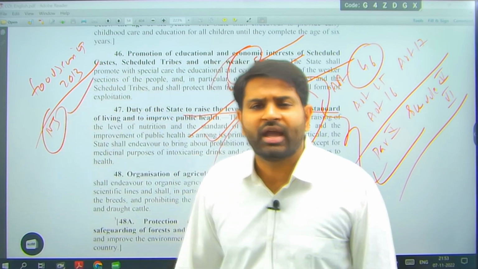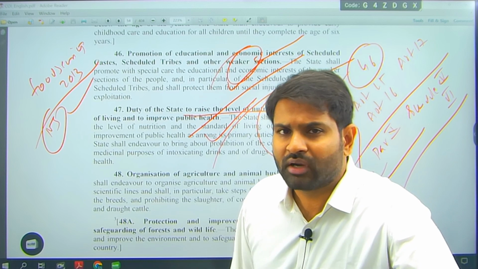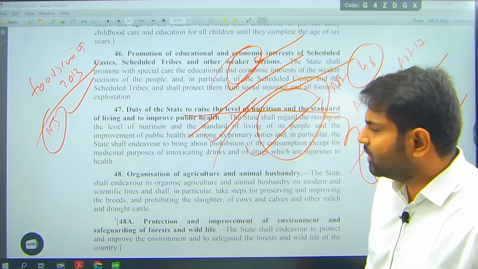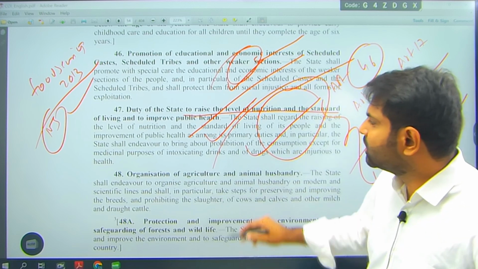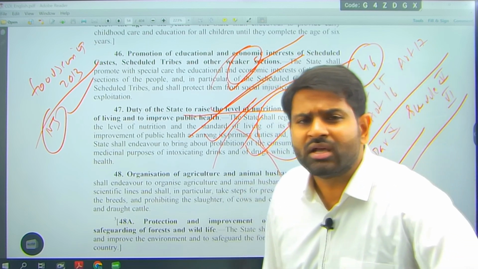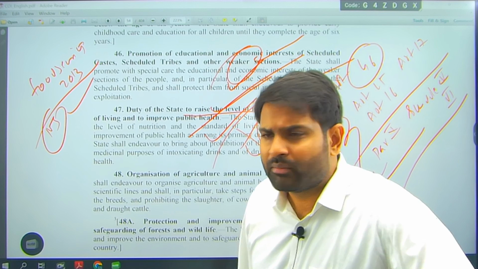Nutritional security is only guaranteed to children, lactating mothers and pregnant mothers, right? So only these people, the pregnant women, lactating mothers and children, nutrition is guaranteed. This is where we can also identify that alcohol is banned. Alcohol or spirituous liquor is banned because it is hurting the health of the people.